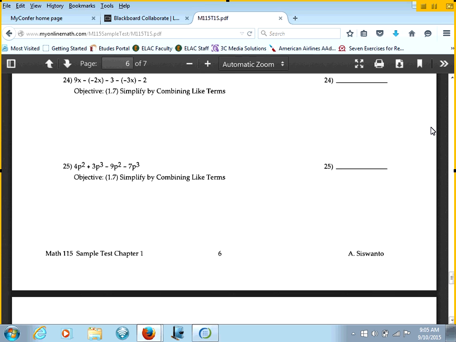So what I'd like you to do is print this out, or if you have a tablet or a phone, you have to have access to this so that you can work on it. Your SI coach Desiree can help you with some of these problems, and she will probably come up with problems similar to the sample test. But it will not be discussed in class.